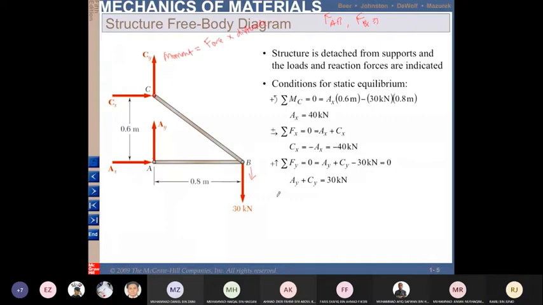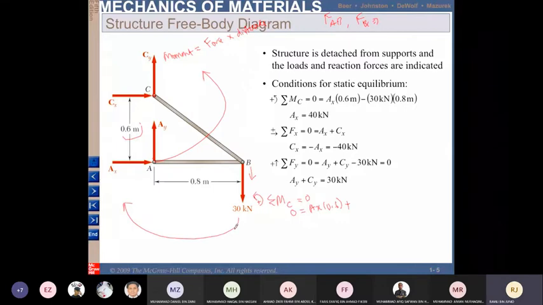Summation of moment at point C equal to 0, so 0 is equal to AX times 0.6 plus, if you consider this as positive, AX is positive, but this 30 kilonewton is going the other way, so it is negative: plus negative 30 kilonewton times 0.8. So you get AX equal to 40.